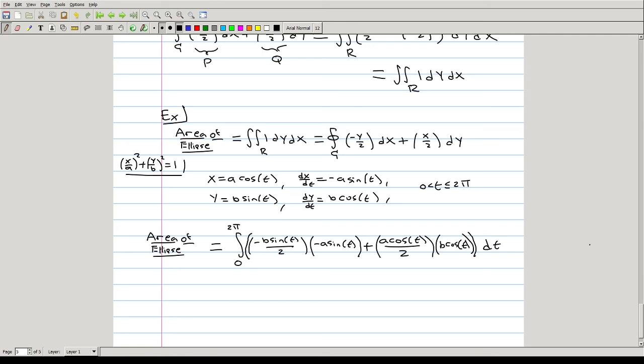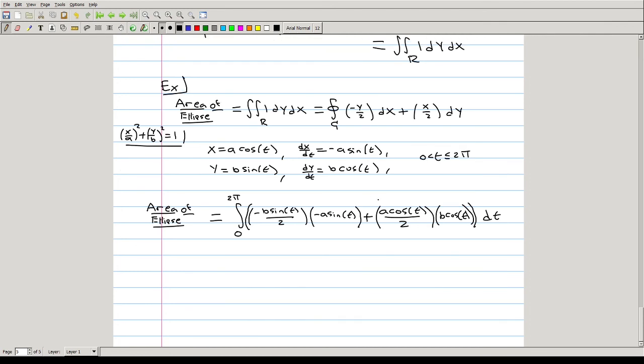And at first you might be saying, oh, this is crazy, this is not making this easier at all. But if you look closely at the coefficients here, you're going to see that we have a 1/2 term common, you have negative times negative, you have b times a. So the area of the ellipse is going to be a times b over 2 times the integral from 0 to 2 pi of sine squared of t plus cosine squared of t, which is itself just equal to 1.